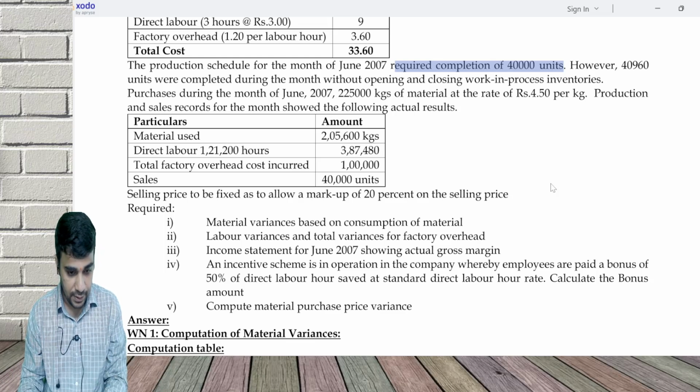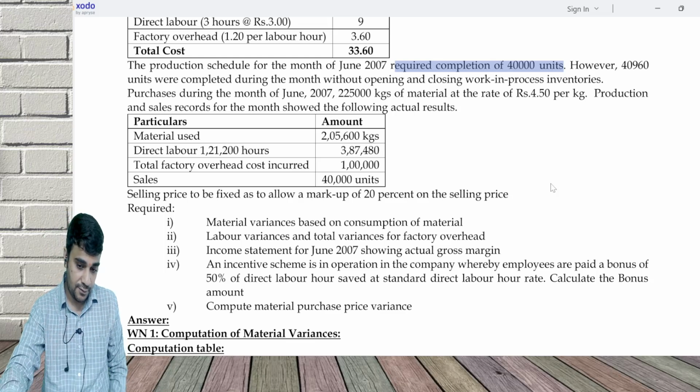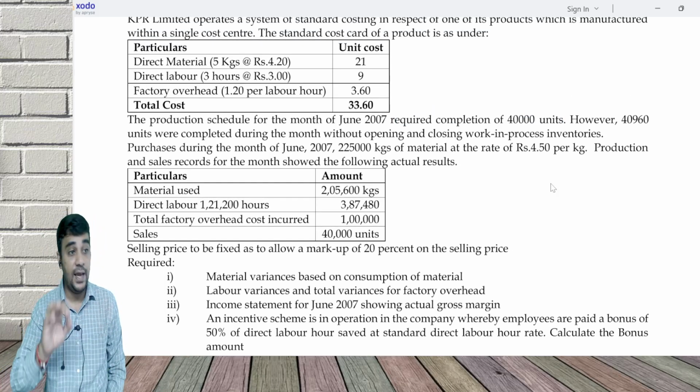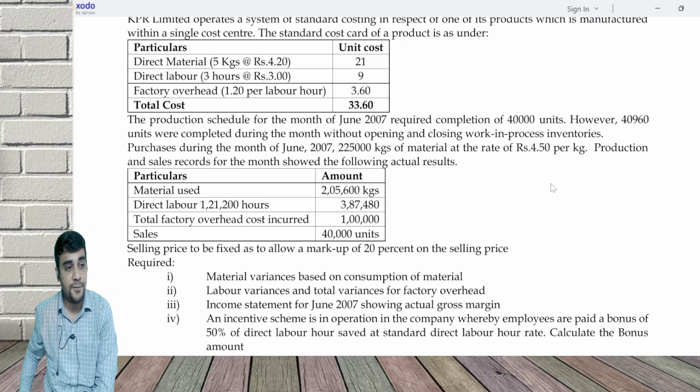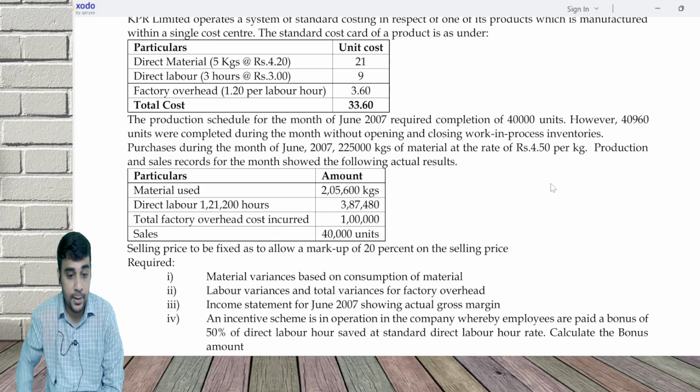Labor variance is simple. Factory overhead, is it variable or fixed? Why variable?